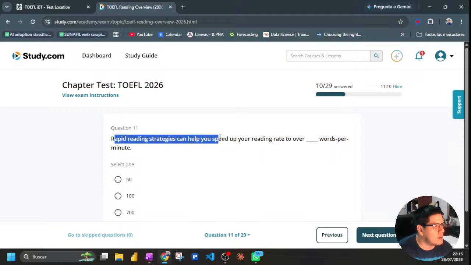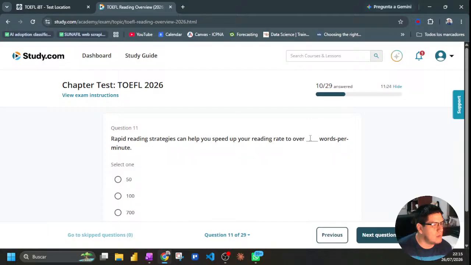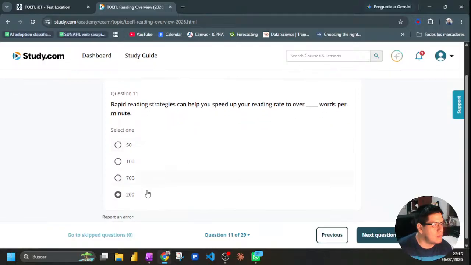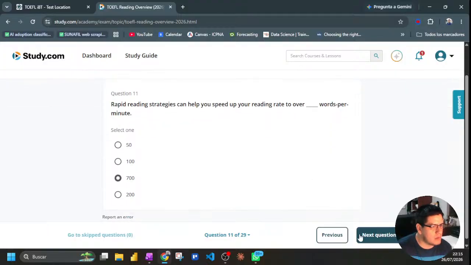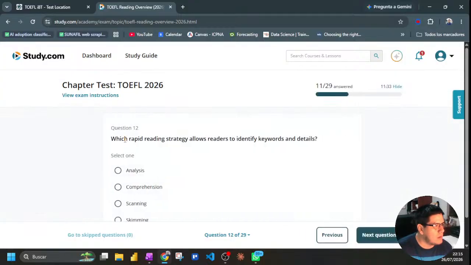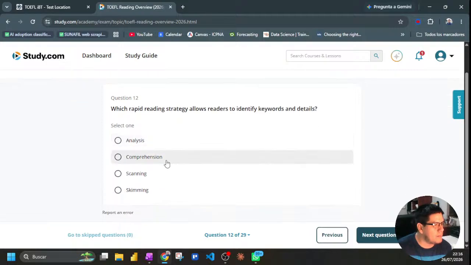Rapid reading strategy can help you speed your reading rate. Which reading strategies allow readers to identify keywords and details?